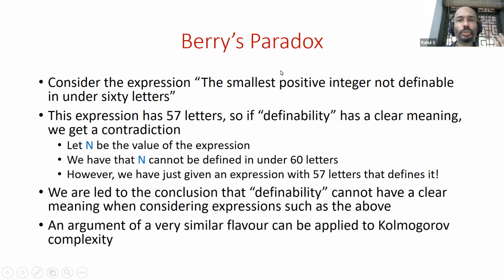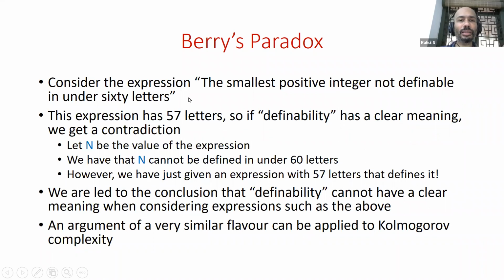And what Berry's paradox is going to show is that it is, in fact, problematic in a way that's not obvious at first. So there's this expression, which, if you count it, has 57 letters. If definability has a clear meaning, you're going to get a contradiction out of it. Because suppose this defines some integer n, and n is the value of this expression.